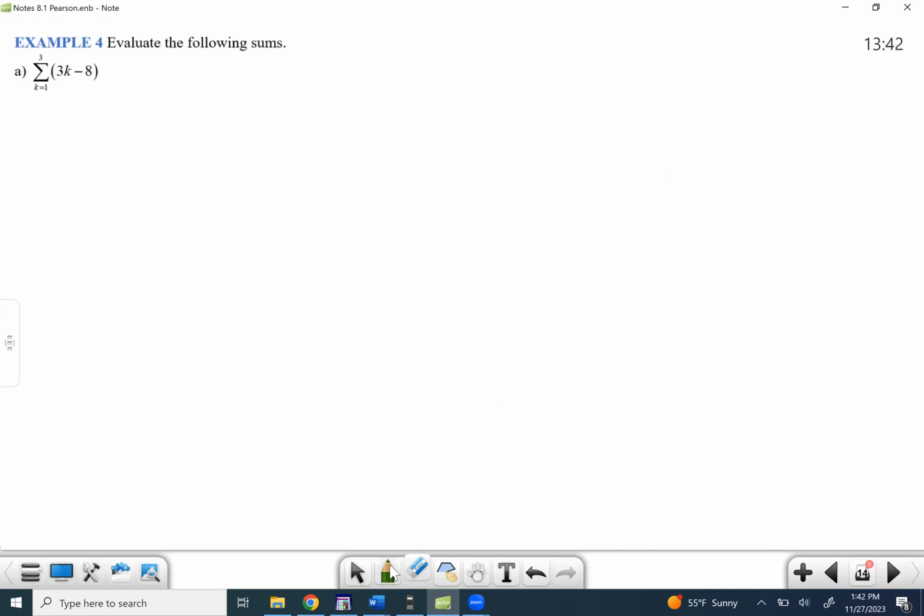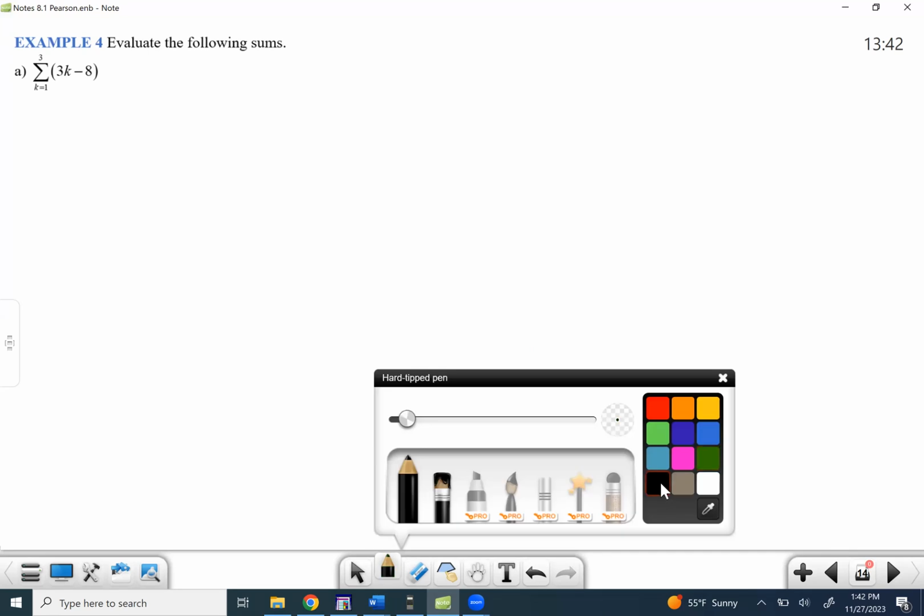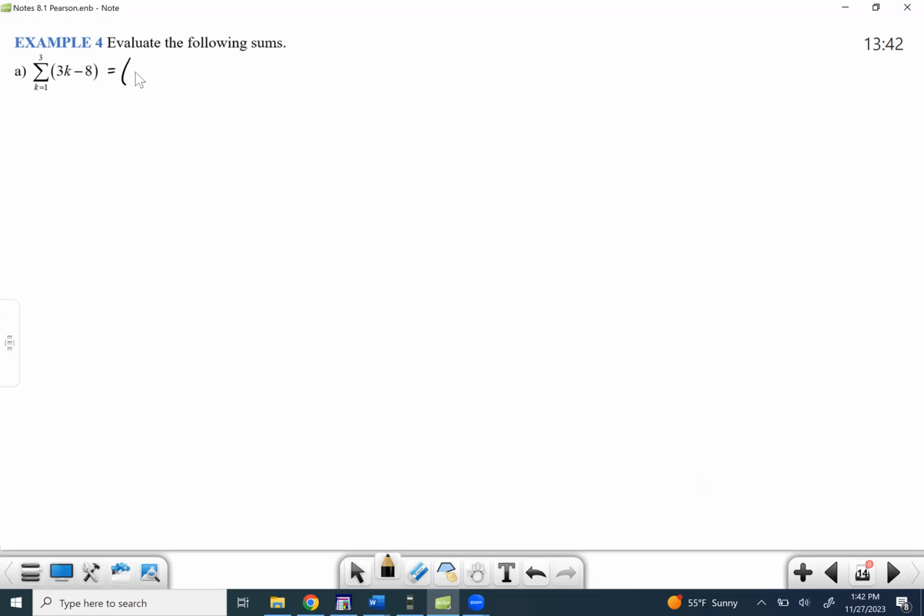All right, so the first thing we want to do is substitute in 1, 2, and 3, and then when we get done, we'll add them. Okay, so we're going to substitute in 1 plus, we're going to substitute in 2 plus, and finally, we're going to substitute in 3. Stop.